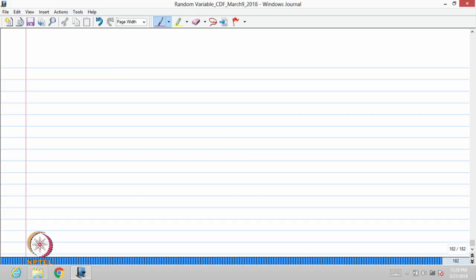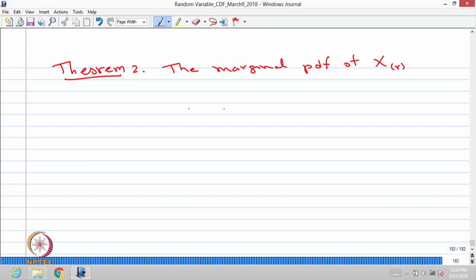The next result, one can get the marginal distribution of order statistics; that is the second theorem. Theorem 2: the marginal probability density function of any rth order statistic is given by f suffix x(r) of x(r).